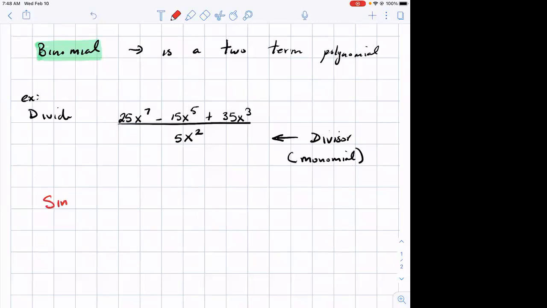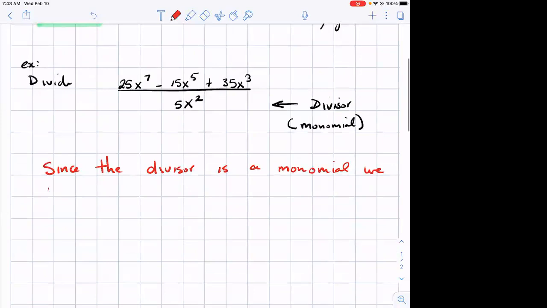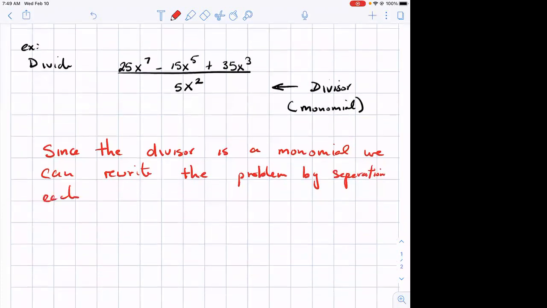So since the divisor is a monomial, we can rewrite the problem by separating each term.